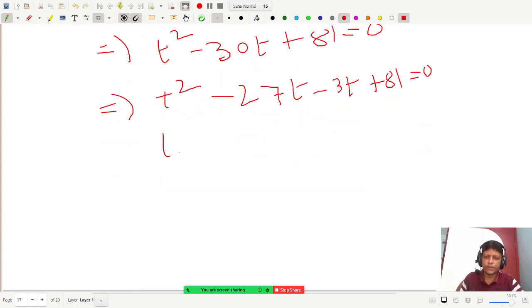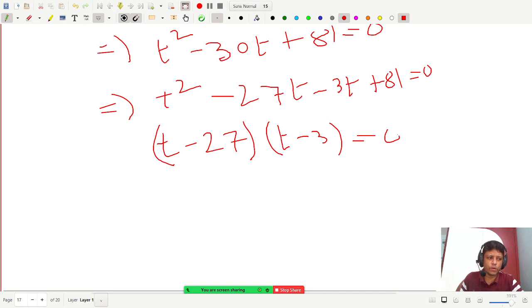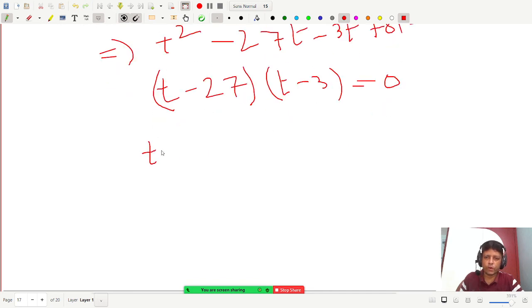So you have t minus 27 into t minus 3 equal to 0. So you have t equal to 27 and t equal to 3. Either t equal to 27 or t equal to 3.